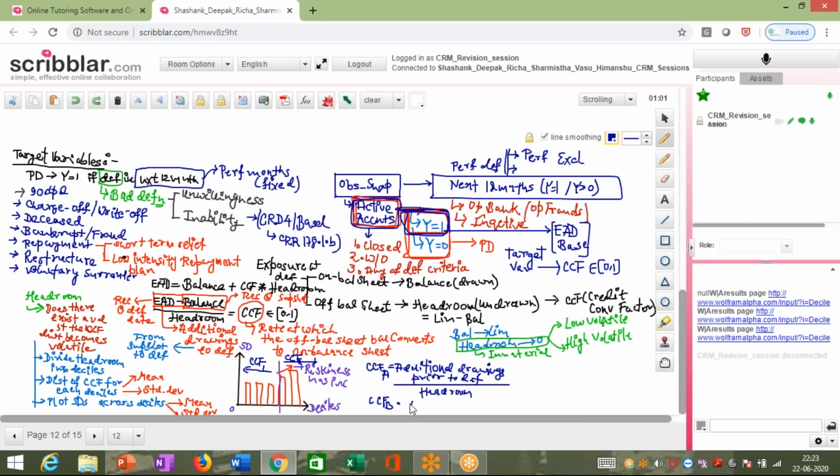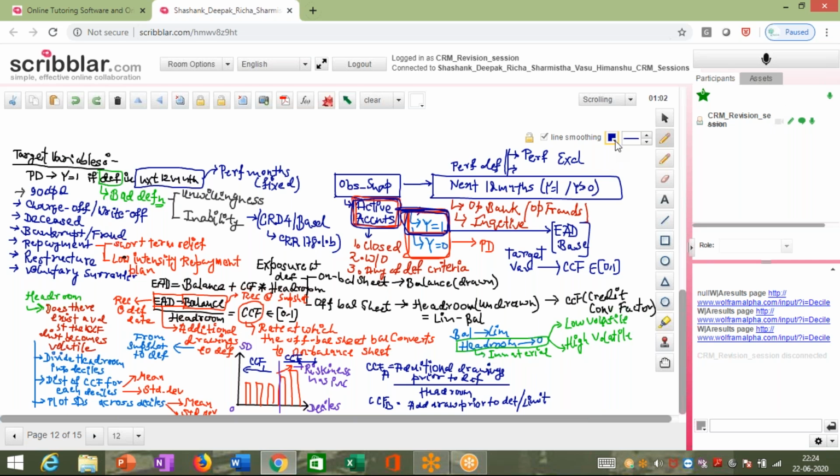CCFB is additional drawings prior to default divided by limit.